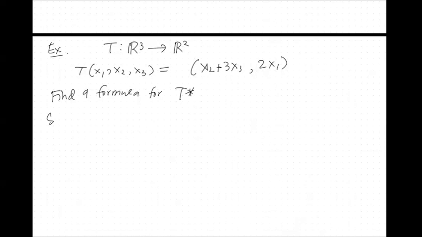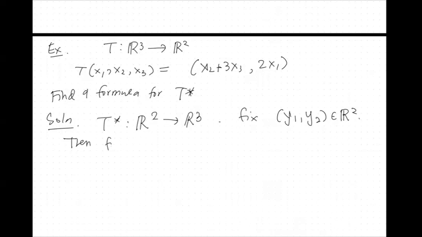Solution: T star is a linear map. It's a function from R2 to R3. So here, we have to fix our ordered pair (y1, y2) in R2.